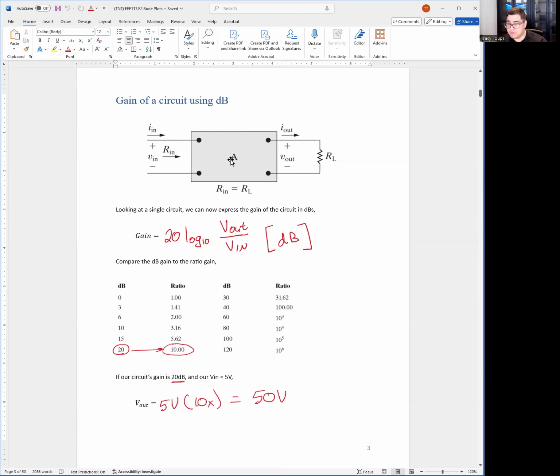The amplifier will amplify the signal and it'll go out to your RL, which is your speaker, your home audio system. So there's a gain of the circuit as we amplify the sound to make it sound better in your living room. The gain of the circuit can be figured out as 20 log 10 of the output voltage to the speaker compared to the input voltage from your PlayStation 5.